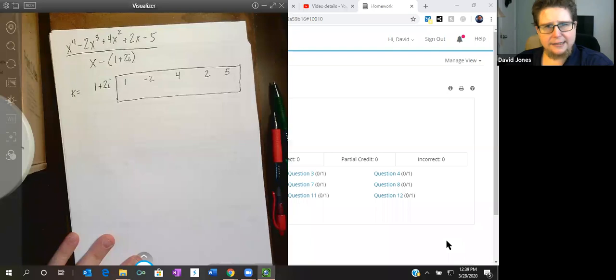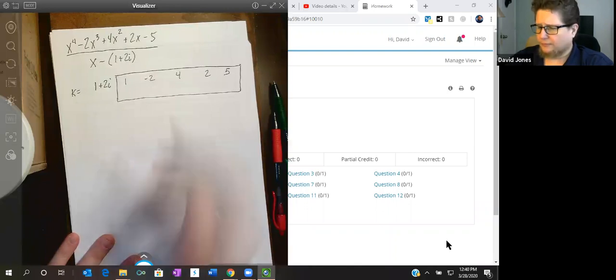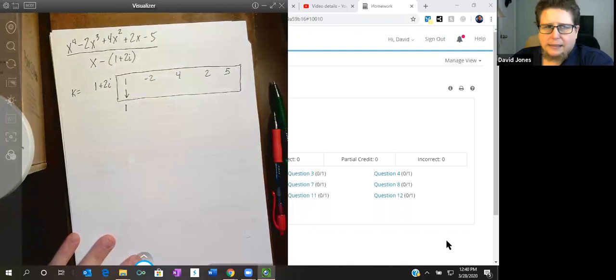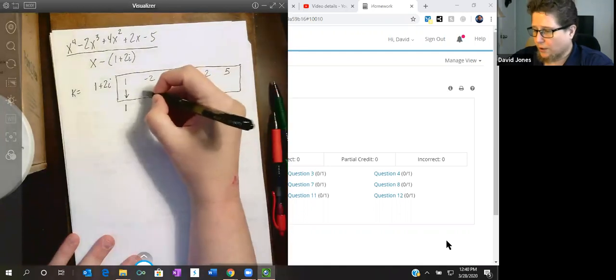Looks a little daunting, doesn't it? A little intimidating. Just take your time, go through it slowly. This part's easy. 1 times 1 plus 2i is just 1 plus 2i.